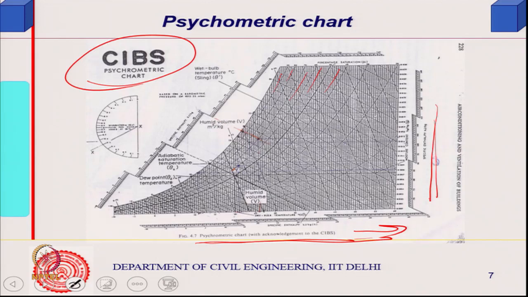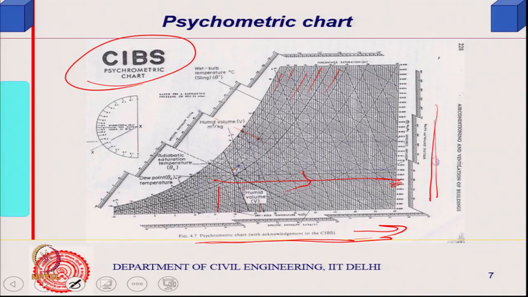For example, if I am heating with the moisture content remaining the same, the line will simply be a horizontal line at that moisture content, as I heat from some temperature. I am simply heating, so the temperature is changing.